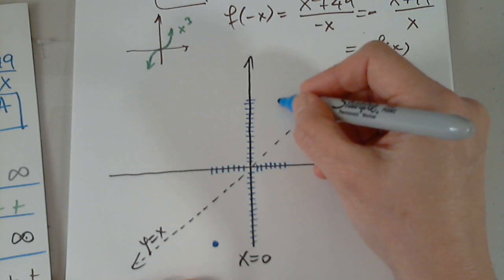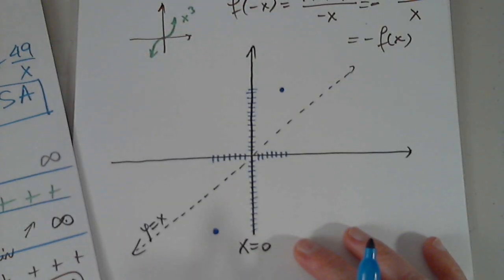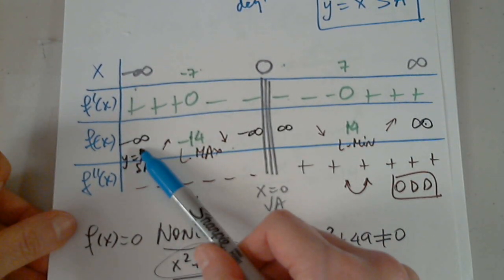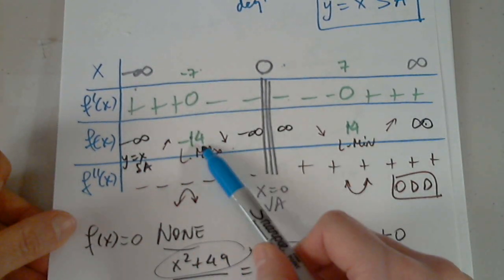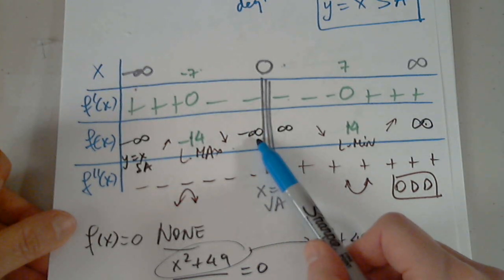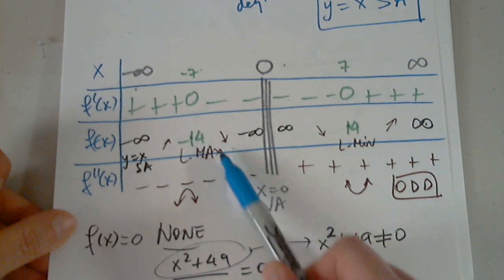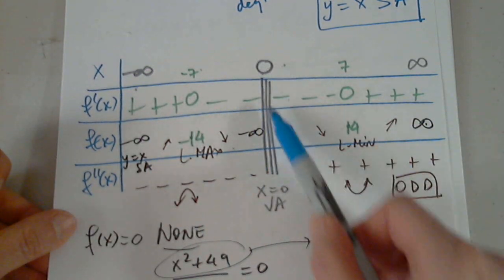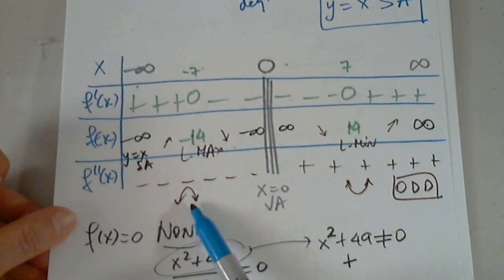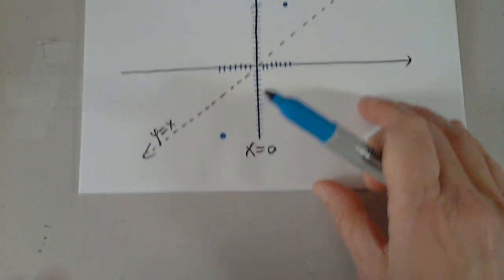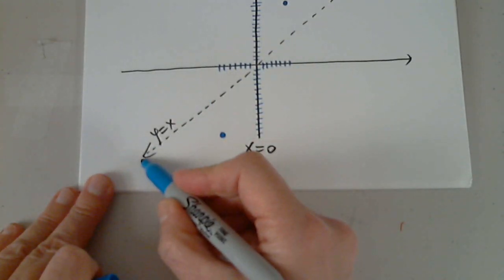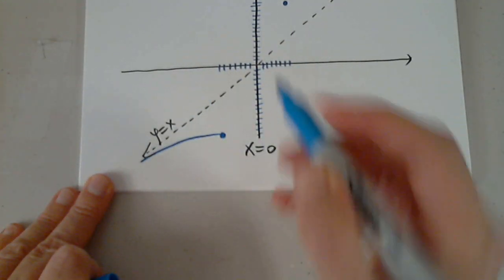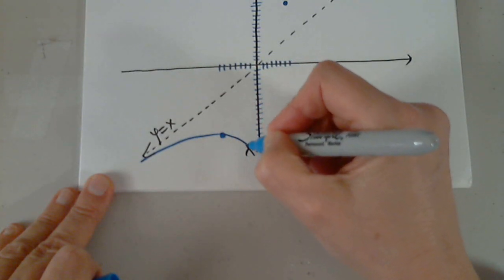Okay, ready? The function is coming from negative infinity, increasing to the local max, dropping to negative infinity, so increasing and decreasing, negative infinity on the left-hand side of the vertical asymptote, all the time opening up. No problem. Asymptotically to the asymptote, asymptotically to the asymptote.